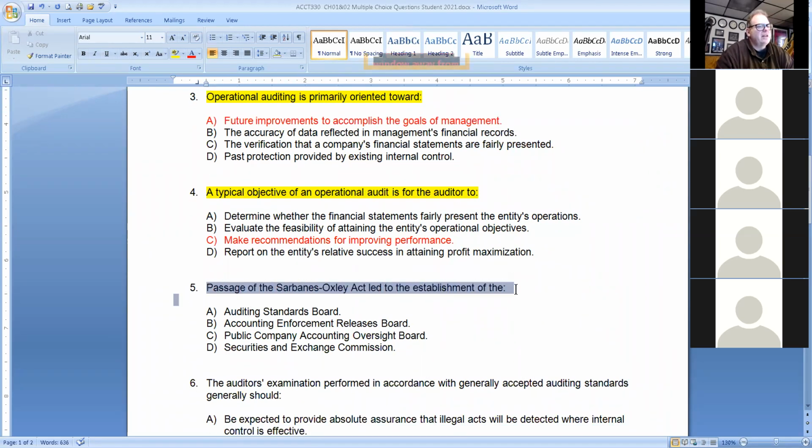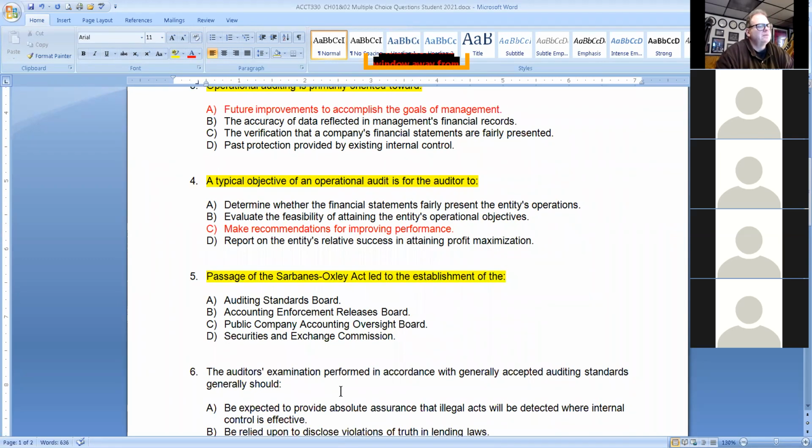Passage of the Sarbanes-Oxley Act led to the establishment of the... C. Yep. Accounting Oversight Board.